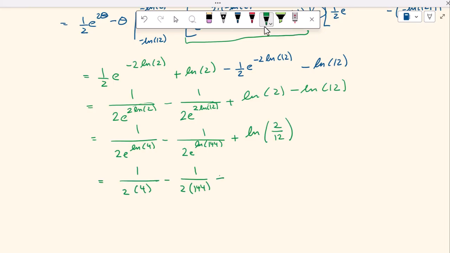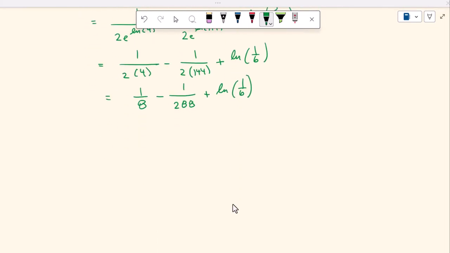And that would be plus natural log of 1/6. So this is going to be 1/8 minus 1/288 plus natural log of 1/6. And of course we can simplify a little further.